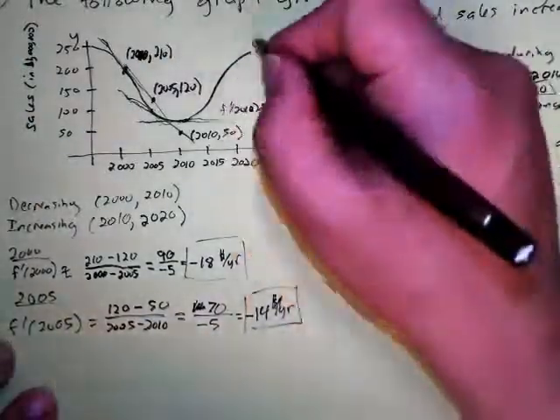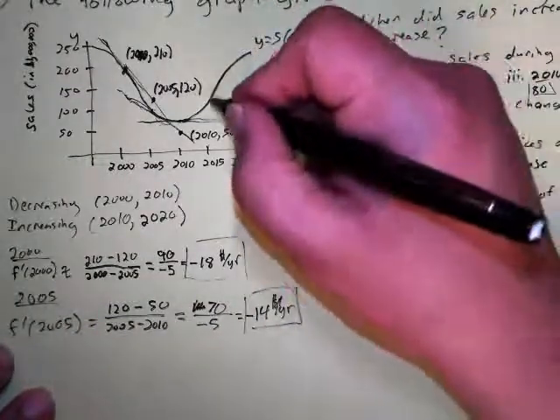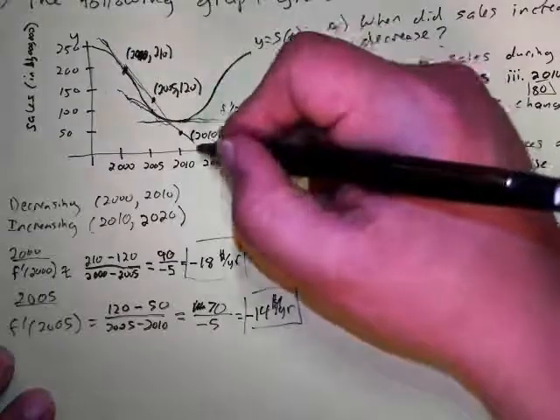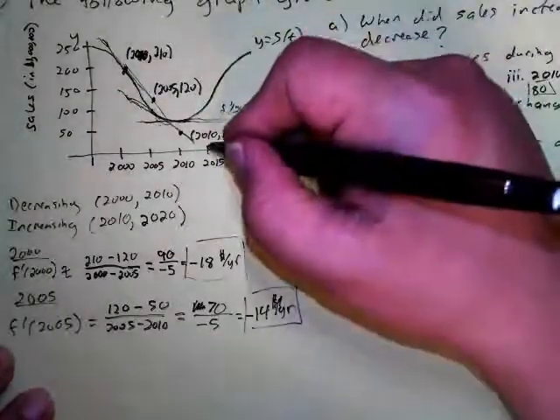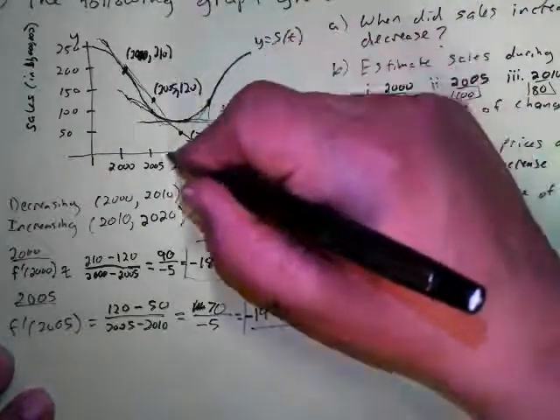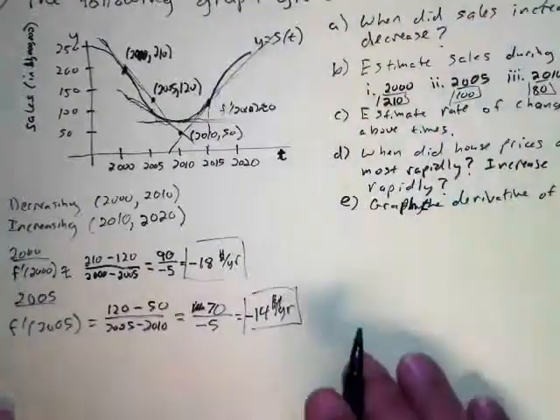And then you could do it here for 2010, right? I'm sorry, we did 2010. So what did we say? 2015. So then there would be a tangent line right here. So let's go ahead and do what it asked us to do.